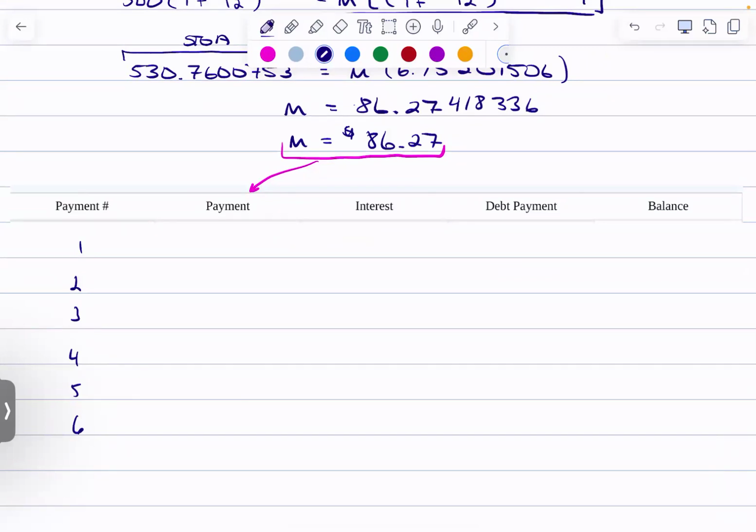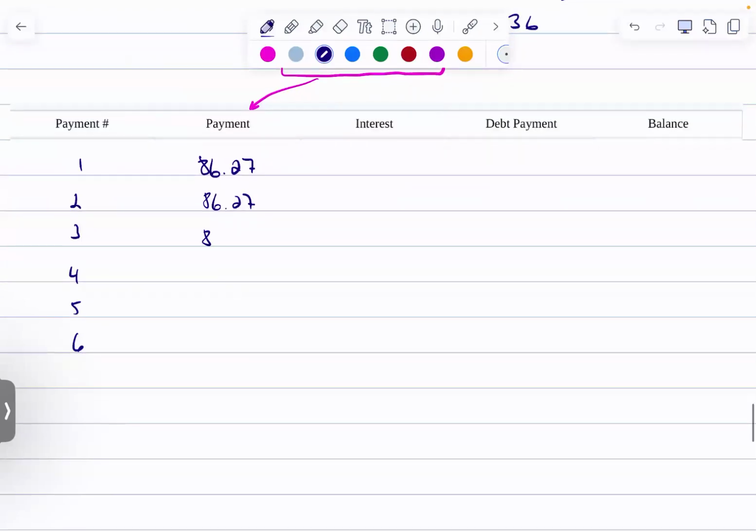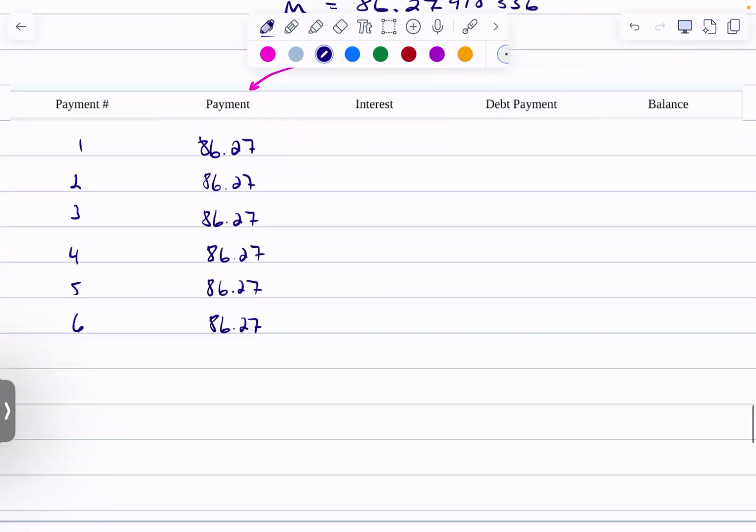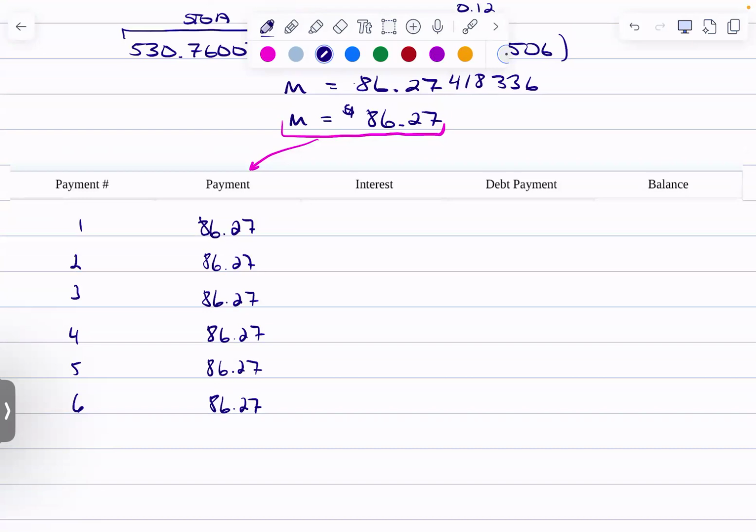All of these payments have to be the same, and there are ways that we can make adjustments for the last payment, but let's just ignore that. $86.27 each time. We did all that work, so why not jot it down? Each month you pay the same amount.